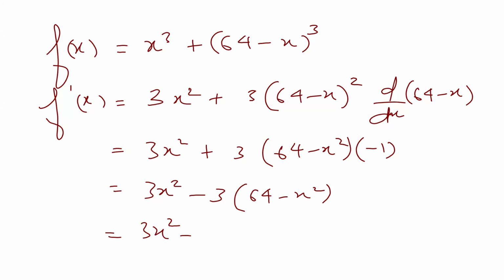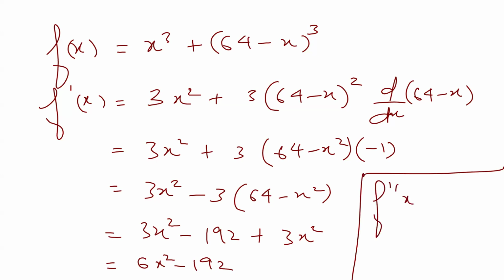That you can calculate. 192 plus 3x square. So this will be 6x square minus 192. F dash x. And f double dash x, if you derivate this further, this will be 12x.